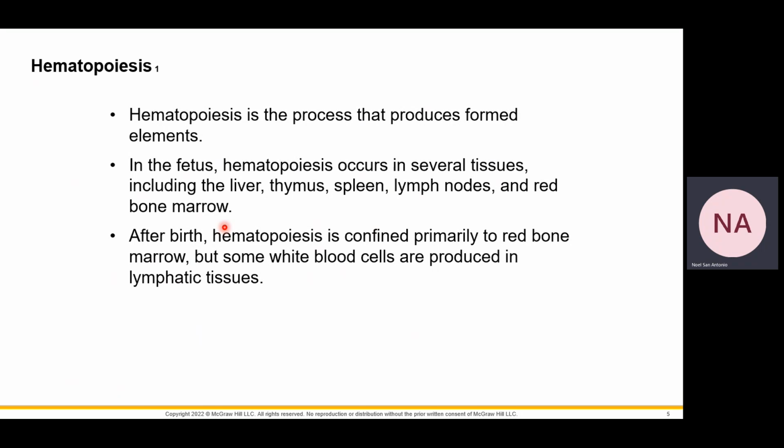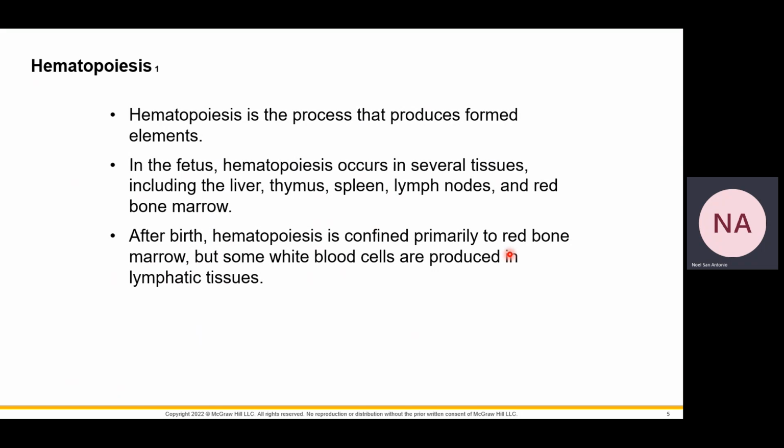So in the fetus, these are all hematopoietic tissues, meaning these are all capable of producing the formed elements of the blood. Again, the liver, the thymus, the spleen, the lymph nodes, and the red bone marrow. But after birth, hematopoiesis is exclusively a function of your red bone marrow, just your red bone marrow.